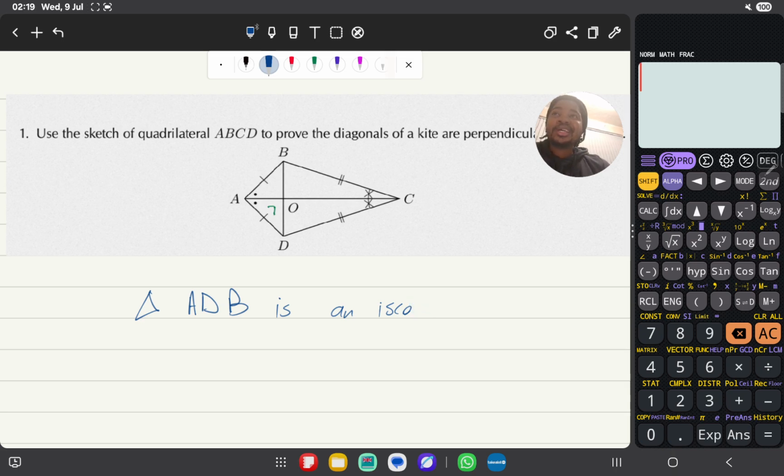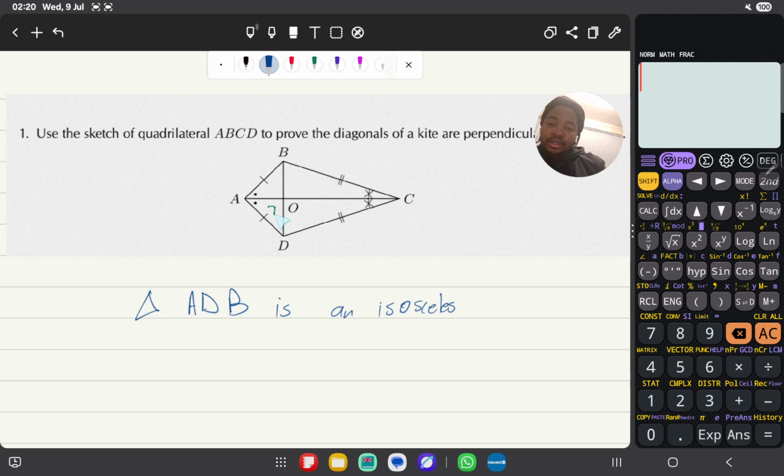Let's look for the right spelling. Isosceles. Yeah, so here's the right spelling. So triangle ABD is an isosceles triangle. ABD or ADB, it doesn't matter. It is an isosceles triangle.